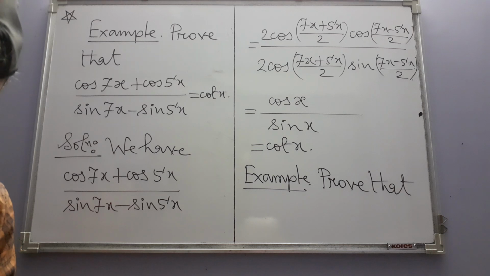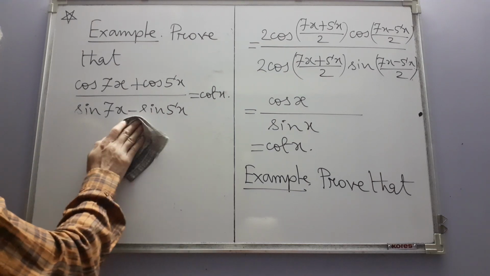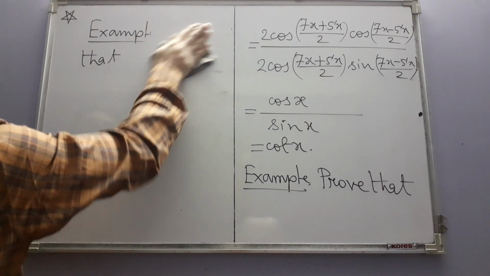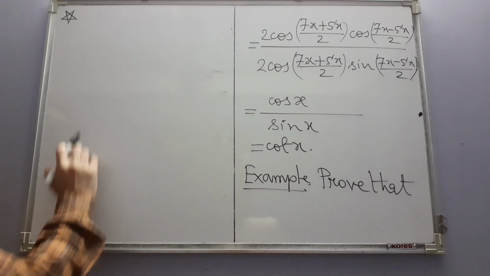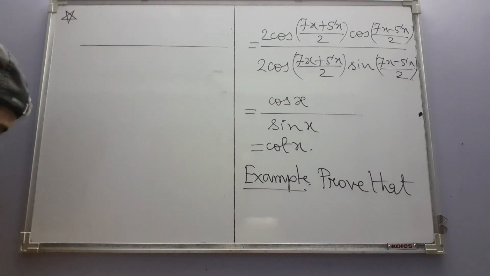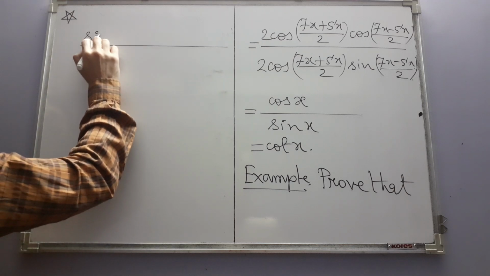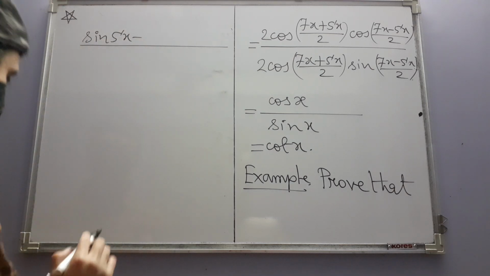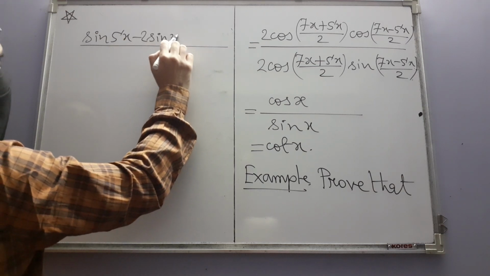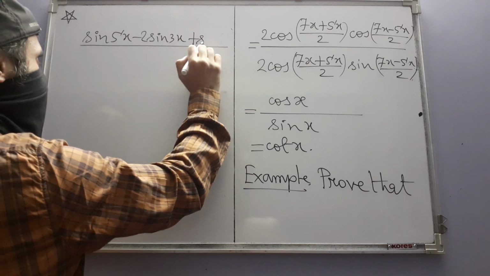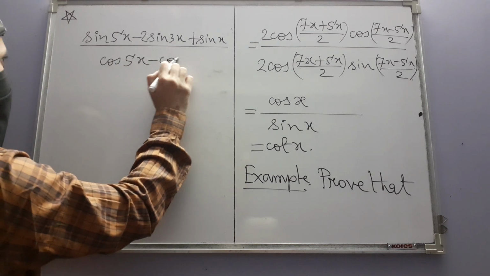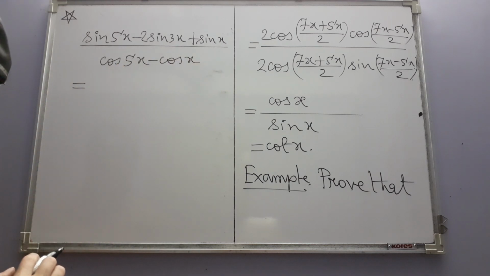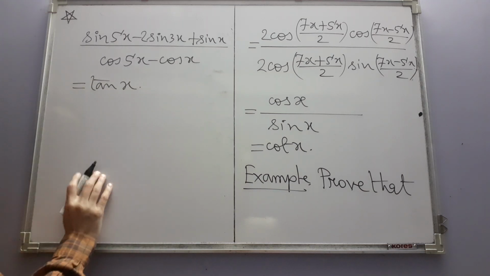Prove that sin 5x minus 2 sin 3x plus sin x divided by cos 5x minus cos x, and we should prove that this is equal to tan x.